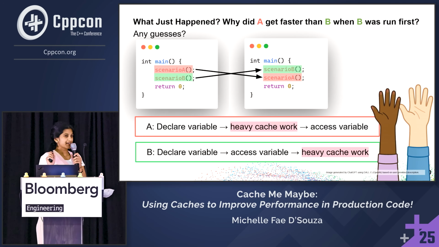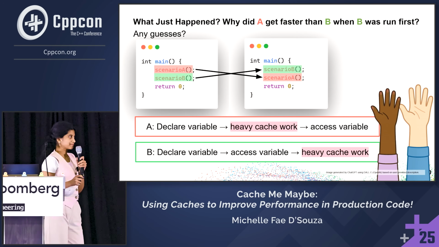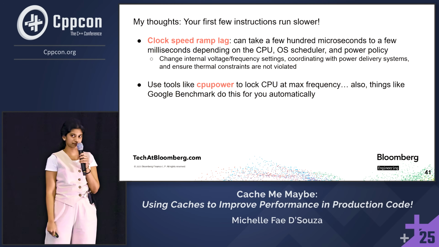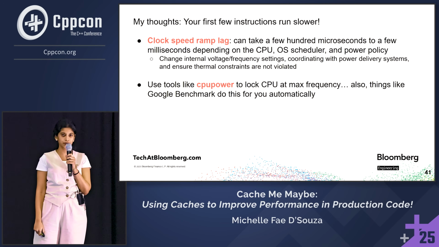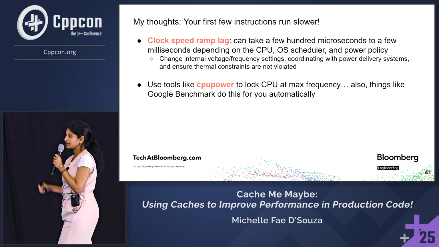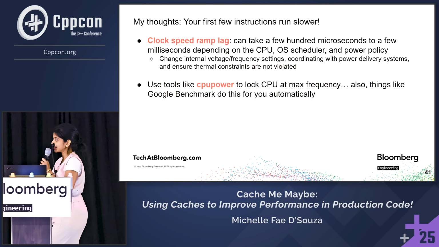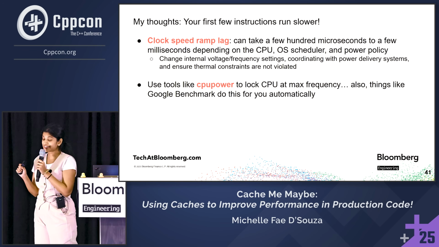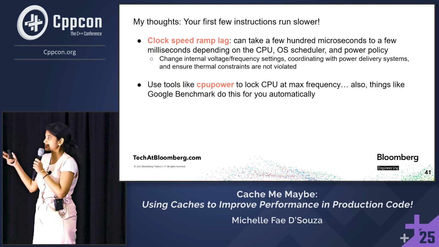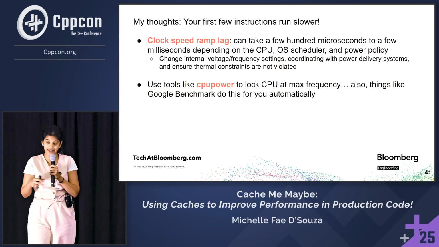So, here's what I think was happening. The very first few instructions that your program has can quite often run slower than the rest of your program. The reason for it is something known as clock speed ramp lag.